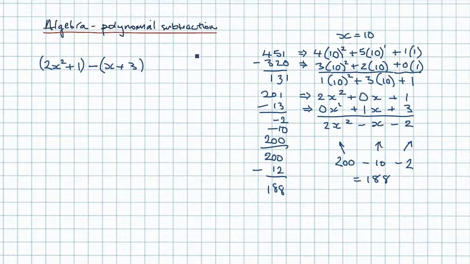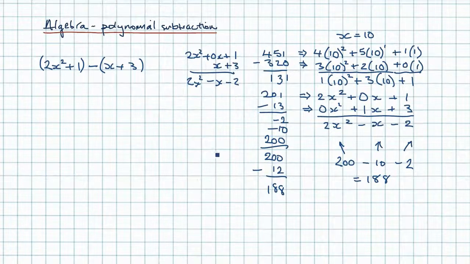Okay, when we're doing it the column method, so if we had 2x squared plus 0x plus 1, and then we put underneath the x has to go here and then 3, then we haven't got a difficulty. We can see we're lined up here, we can see this is minus 2, this is negative x, and this is 2x squared.